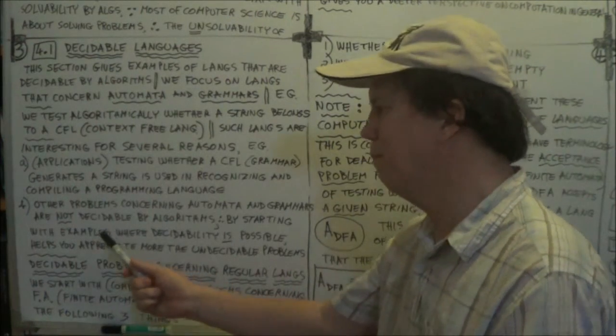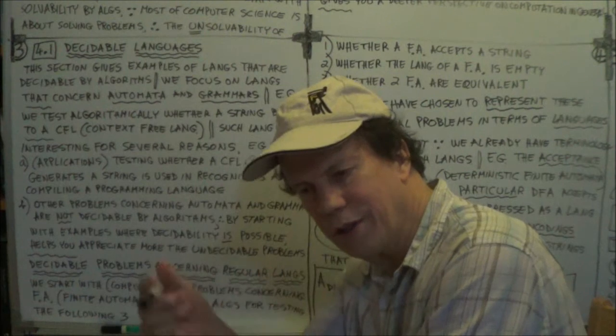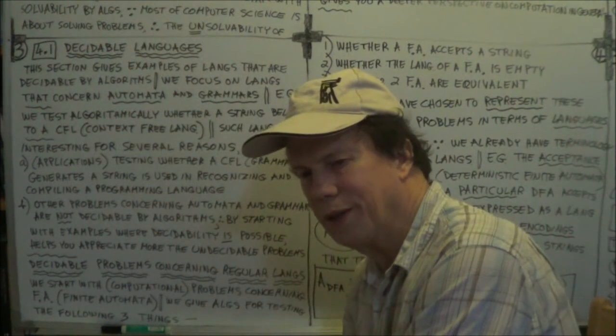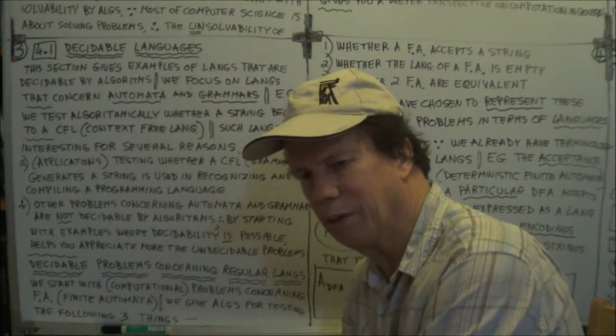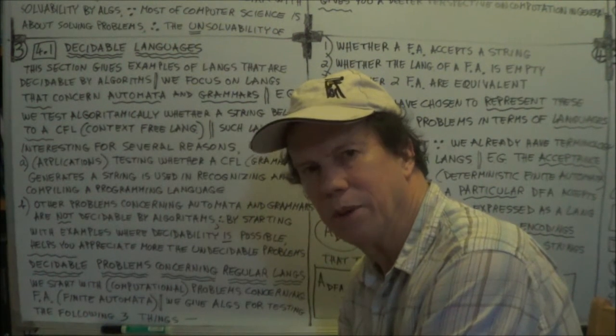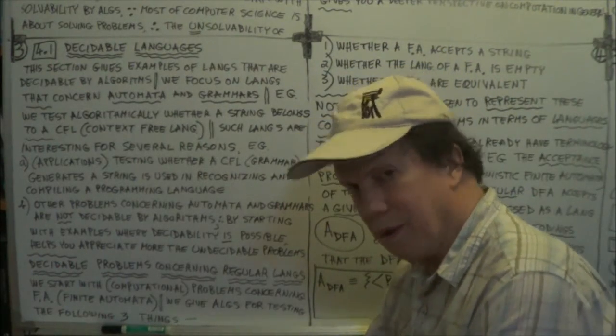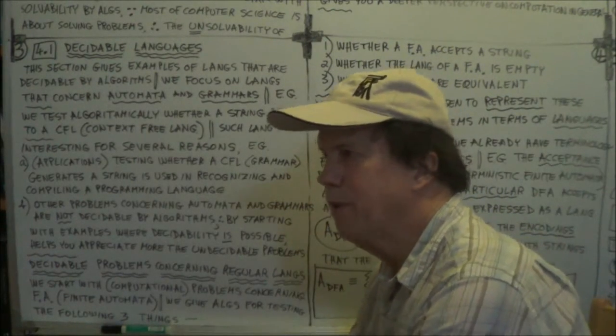So by first examining problems that, when translated into this language style of presenting the problem, are decidable, then we have a solution to our problem, and that too I'll explain next board.